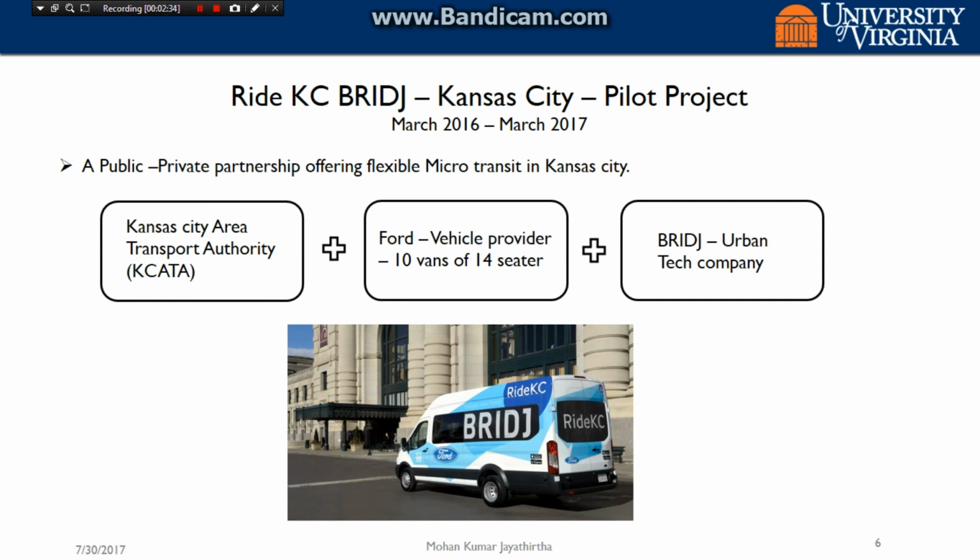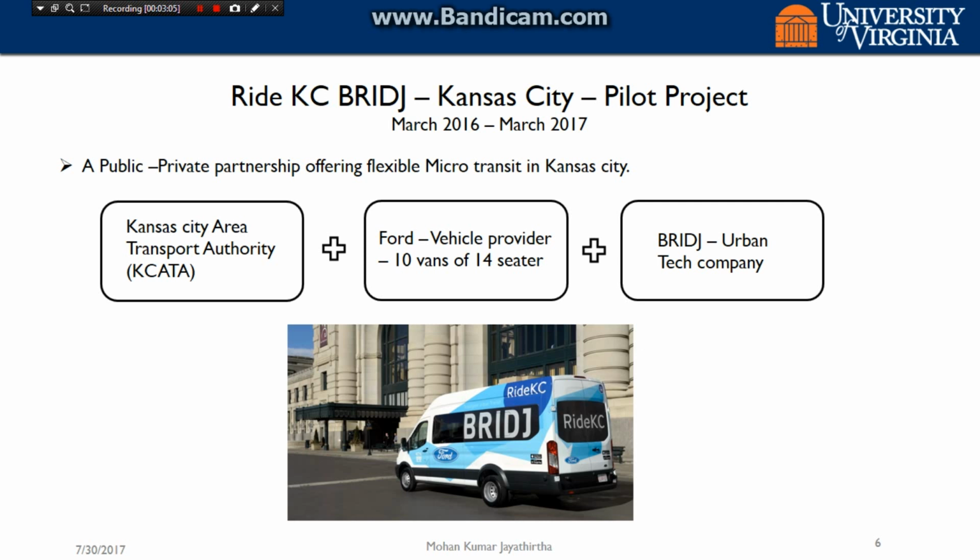So let's get into the main topic of the discussion. In Kansas City, a demand responsive transportation pilot project was launched called RIDE-KC BRIDJ. This was a unique public-private partnership between the Kansas City Area Transportation Authority, Ford as a vehicle provider and also financial partner, and BRIDJ, an urban tech company.